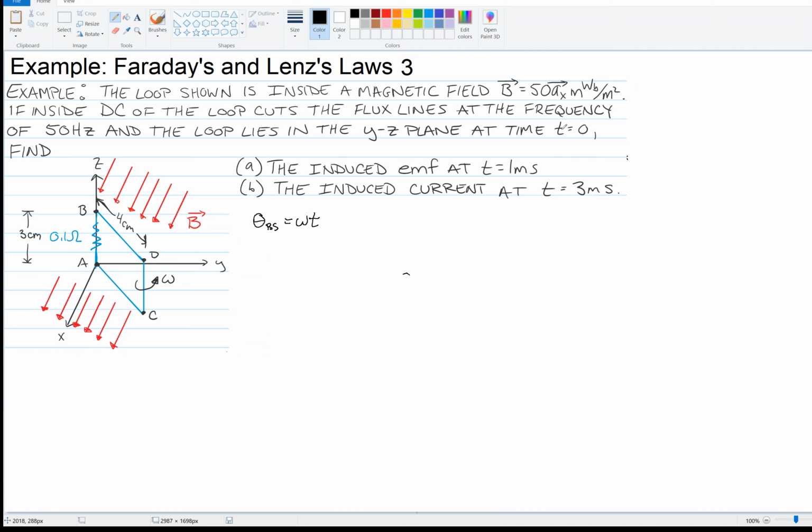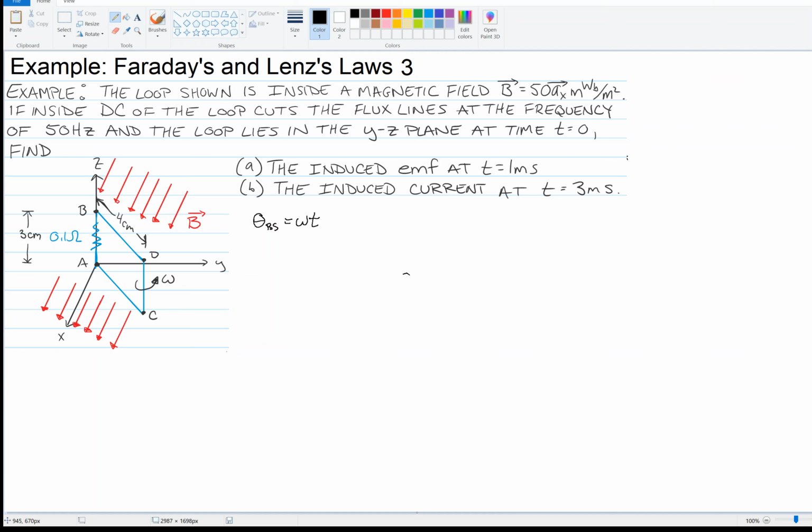Well, that's the case because at t equals 0, this thing is in the YZ plane. So the surface vector would point down the x-axis, which is exactly the direction of B. So that would make an angle of 0, and then the angle rotates linearly with time. So that's why this is the case.